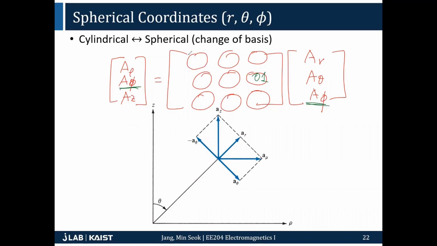And then automatically these become zeros, because a theta and a phi is just a phi, and there shouldn't be any a r or a theta component. So it becomes 0, and 0 here too. And the leftover is the other 2, which are just sine and cosine. If you look into this carefully, you can figure out what the components are.